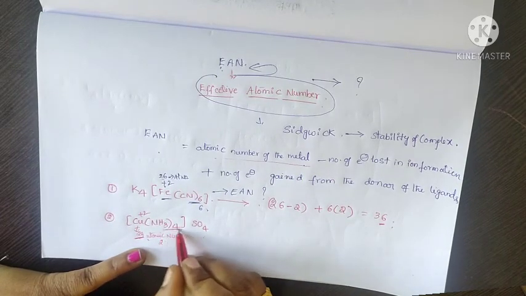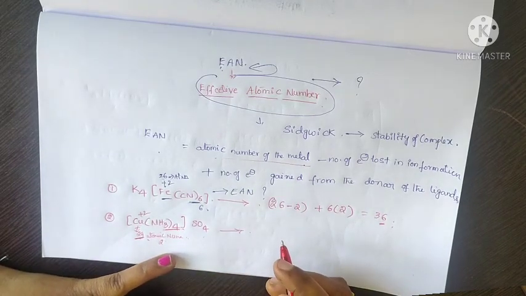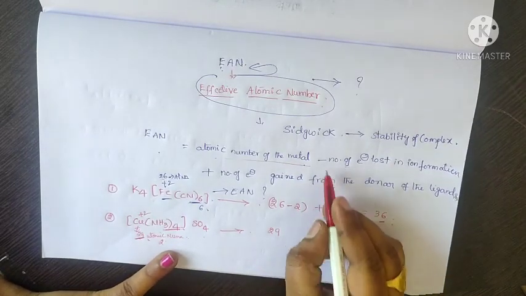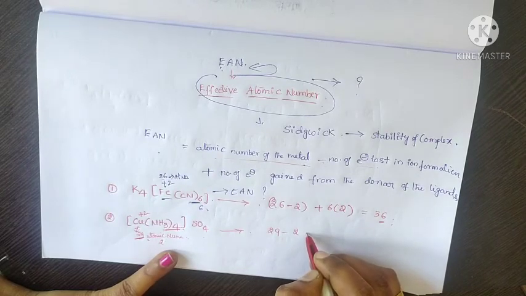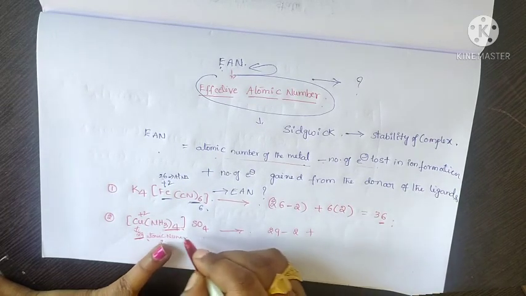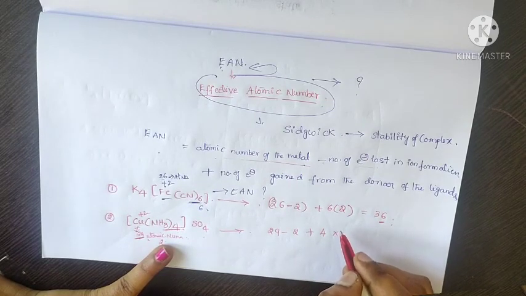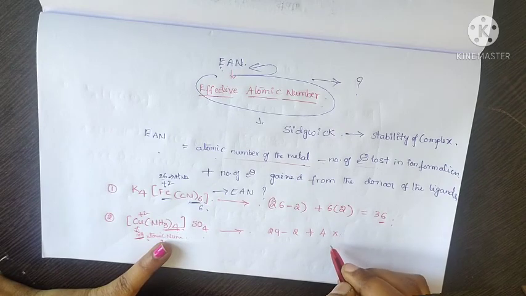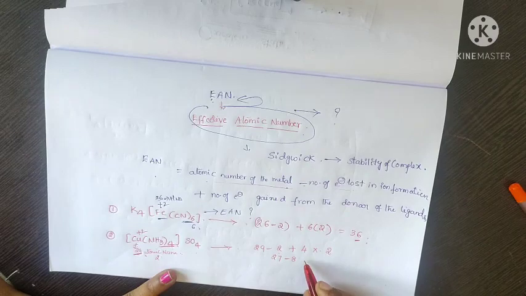Now we are calculating effective atomic number, EAN. So 29 minus 2 plus, how many ligands are there? 4 ligands. So 4 into 2, that is equal to 35.